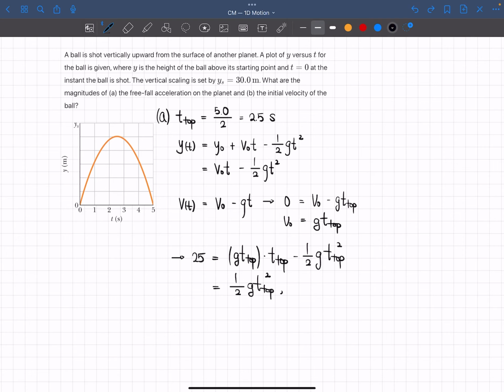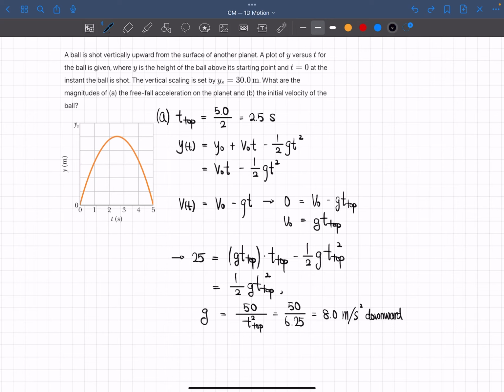So 25 is equal to 1 over 2 g t top squared, which means we can simplify it to obtain an expression for g, which is 50 divided by t top squared. And don't forget that t top is 2.5 seconds, so it is equal to 50 divided by 6.25, and that will be equal to 8.0 meters per second squared in a downward direction.